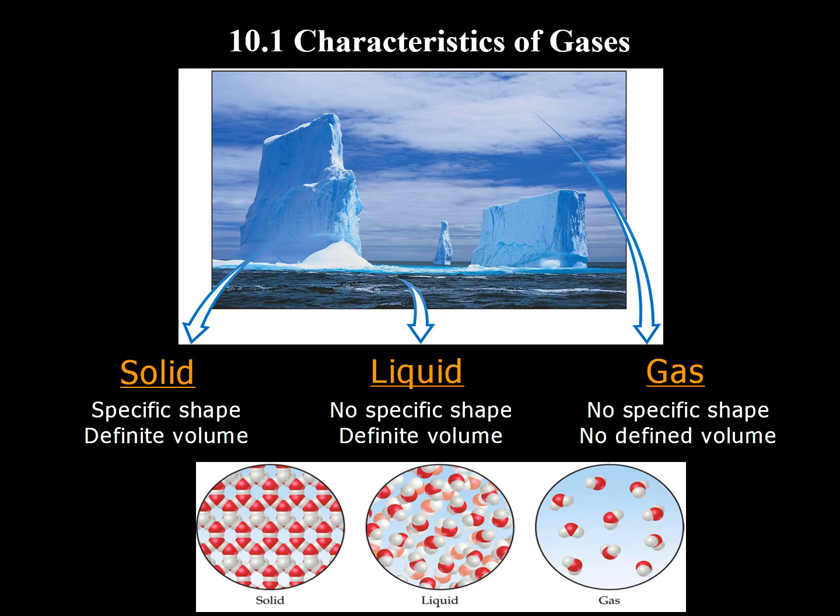There is a definite volume that you can measure. And when it goes to steam, or a gas form, there is no specific shape or defined volume. You can tell, going from solid to liquid to gas, the molecules of H2O go further and further apart from each other, with less structure.